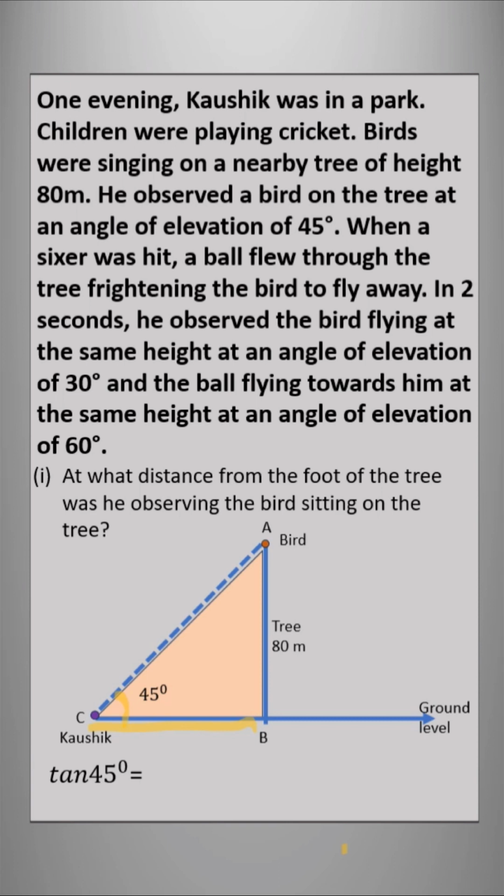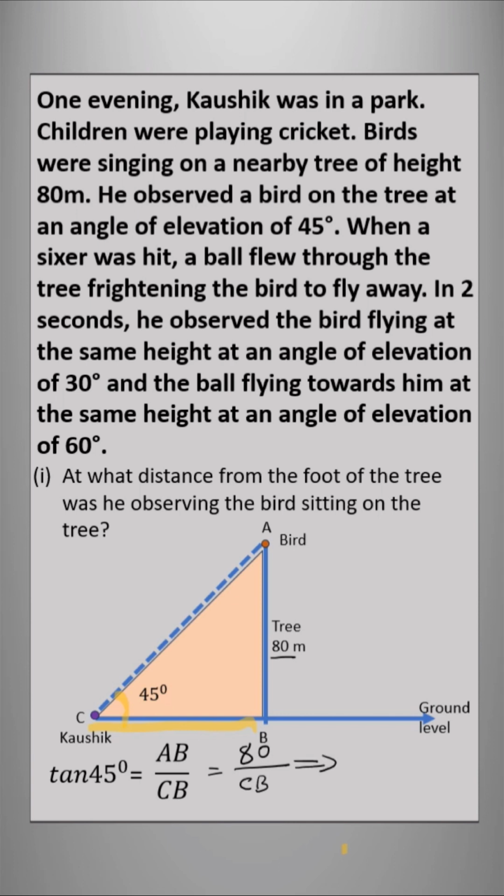What is opposite side here? AB. So, adjacent side is CB. So, AB by CB is equal to, here AB is 80 meter. CB we have to find.